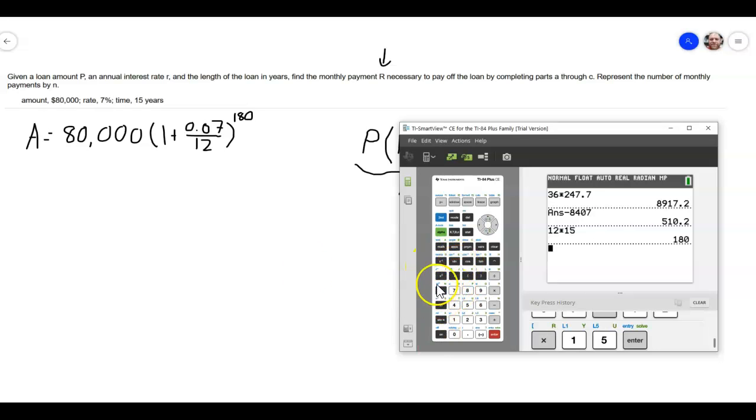I can put this all in at once if I want to. So I can do 80,000 times 1 plus 0.07 divided by 12, raised to the 180. And I get this big number here.